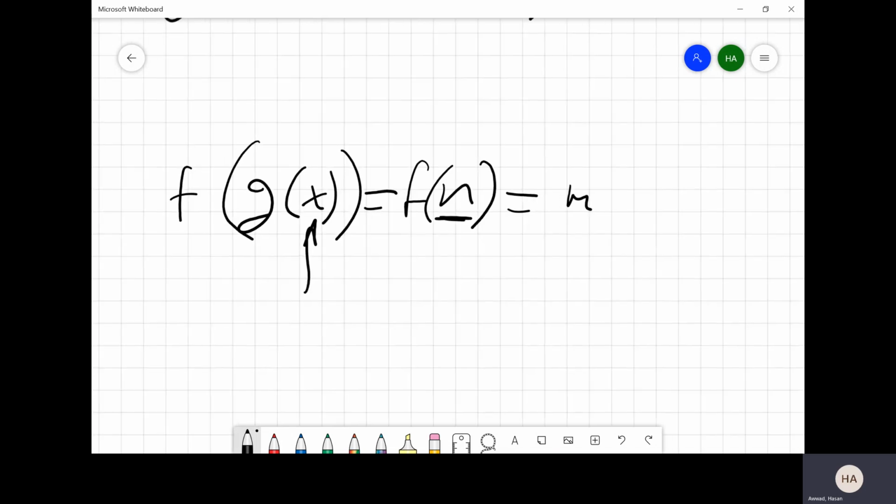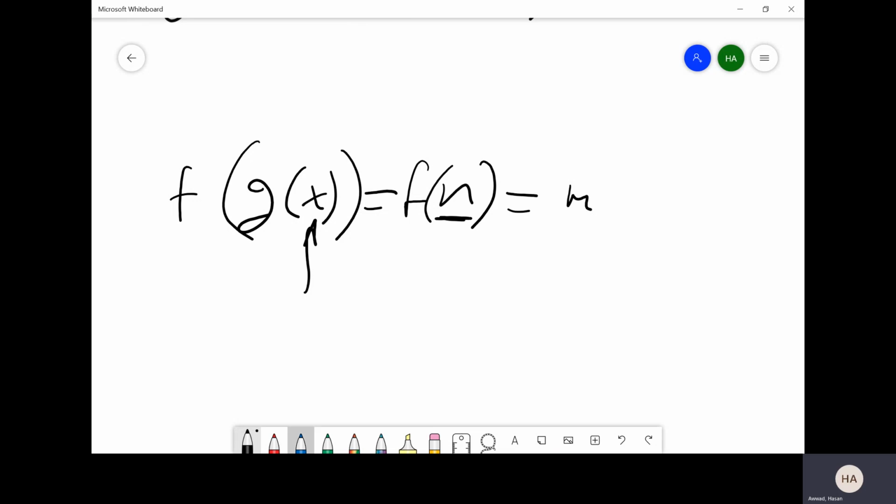Okay, so the idea is I'm going to try to label as best as I can with colors. Your first function with the input, whatever the input is, in this case it's x, but it could be some different number or some combination of variables, right? So your first input into your first function gives you your first output.